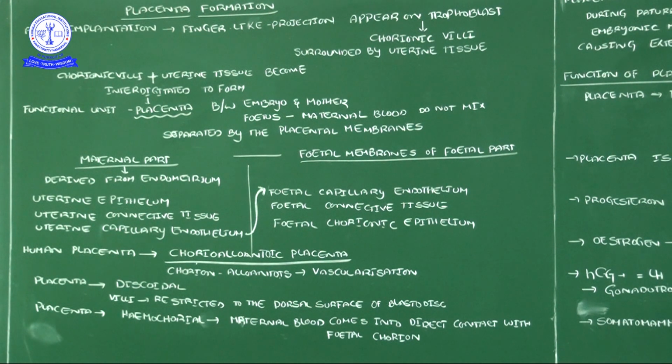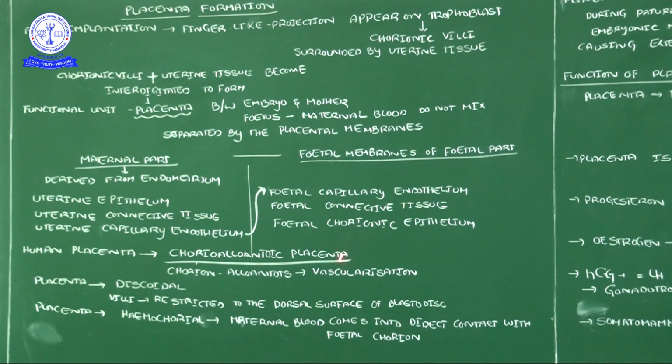Because of the fetal structure, the outer layer is chorionic, correct? And then the maternal part, that we call the endometrium. In the endometrium, the outer side, in depth, is the epithelium. So totally these are the 6.